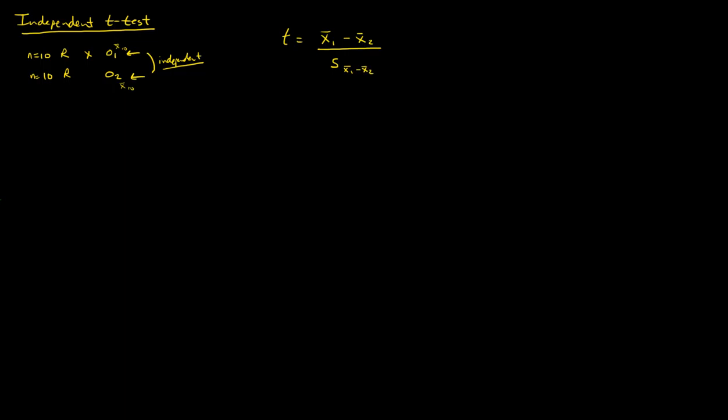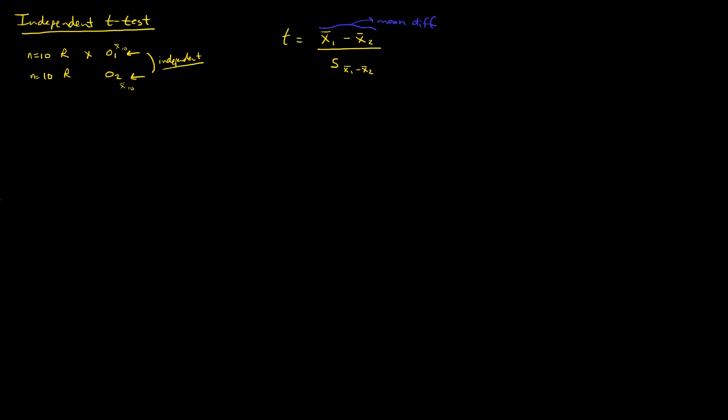So let's unpack this equation here just for a minute. So what does this numerator term mean? This is just a mean difference, right? You're getting a mean difference up here.